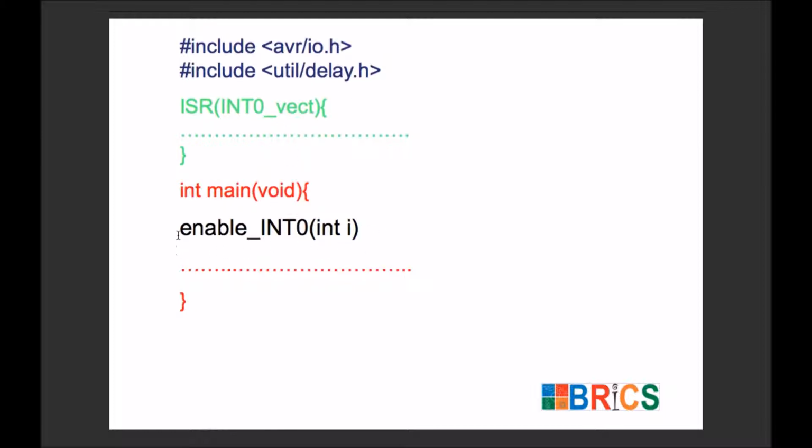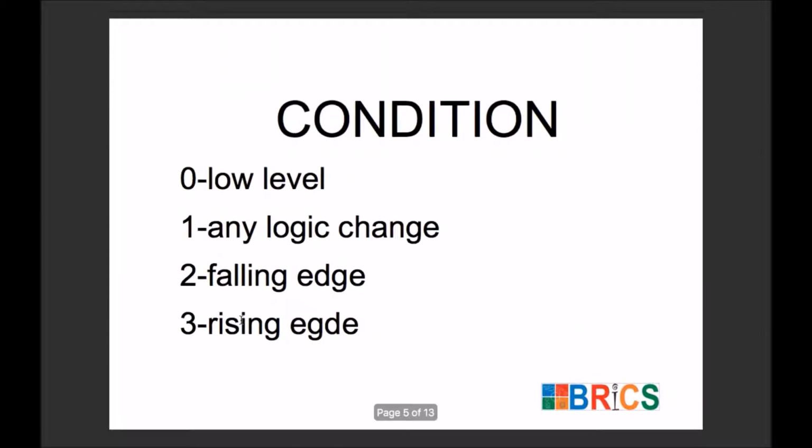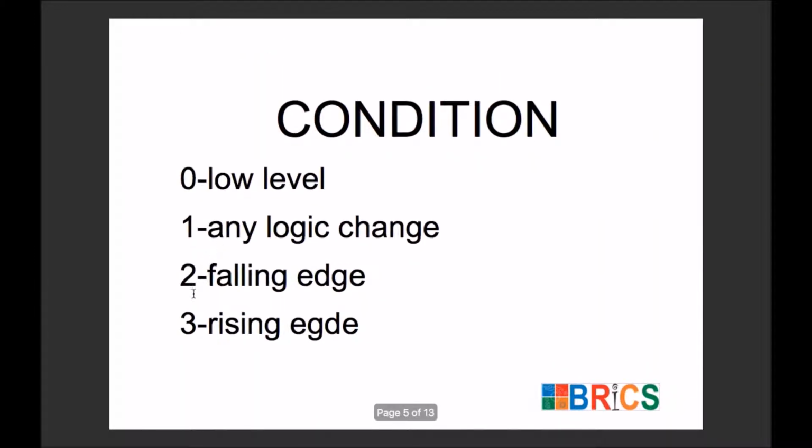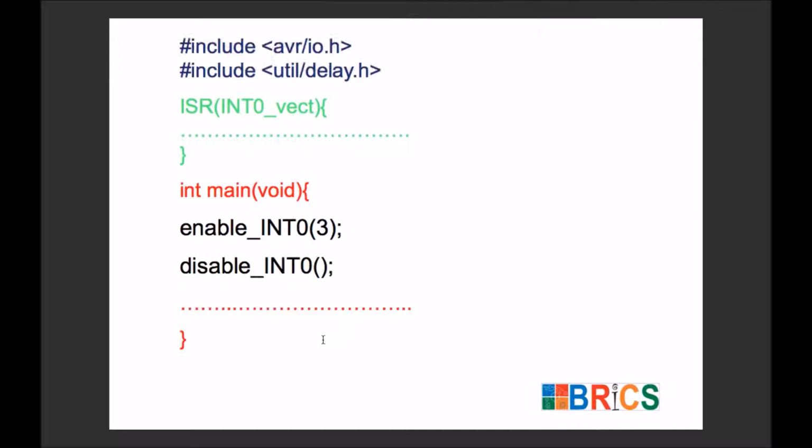Now here there is a function called enable_int0, and in this bracket you need to type the condition out of these four. So any one condition we can select like this. Here you can see that I have created this ISR and I have enabled the function with condition number 3. 3 means the interrupt will get called only on a rising edge.